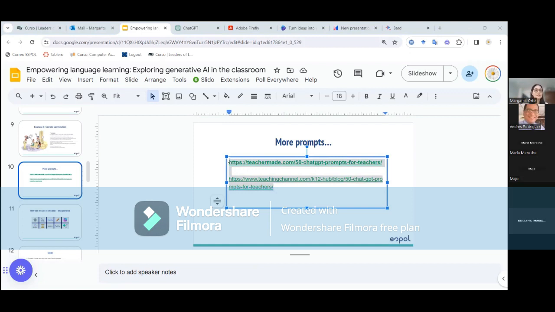So before skipping to the images part, I'm going to pause and ask if you have any question about the first part, about using generative AI in the sense of text-based tools, okay?